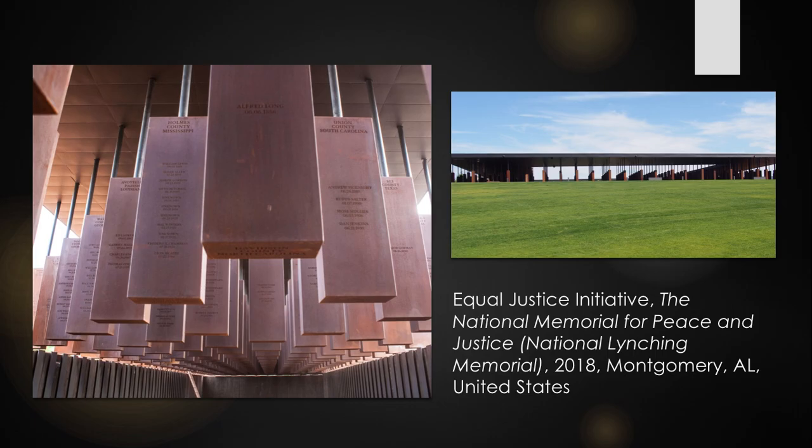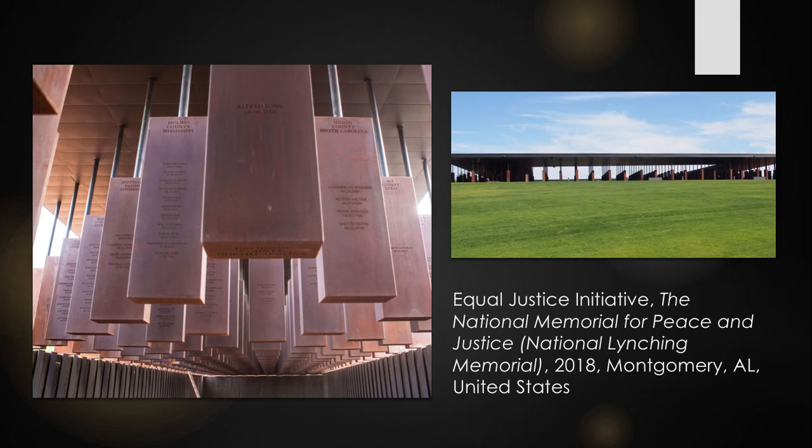In modern day, art for commemoration usually takes the form of a monument. An example of this is the National Memorial for Peace and Justice. It's located in Montgomery, Alabama. This memorial was created to commemorate the African American victims of lynching in the United States. It was built to focus on and acknowledge past racial terrorism and advocate for social justice in the United States today.